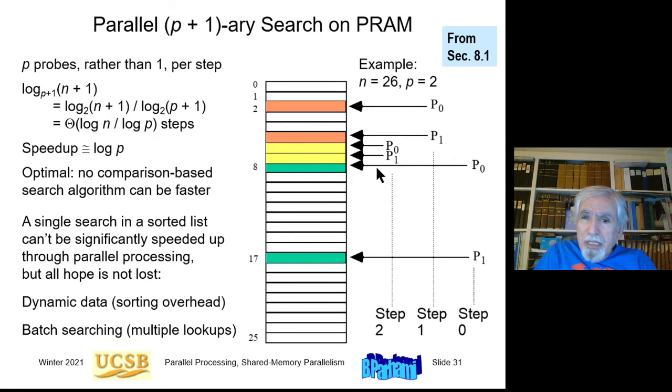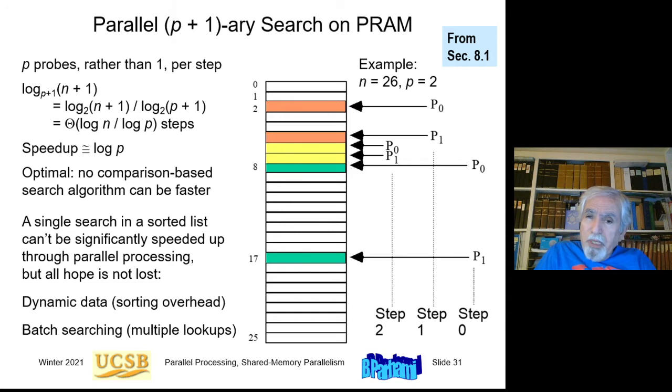And finally, P0 determines that the element comes after, and P1 determines that the element comes before. Again, we have roughly 1/3 of the elements to search. So with two processors, each parallel probe divides the search space into three parts.